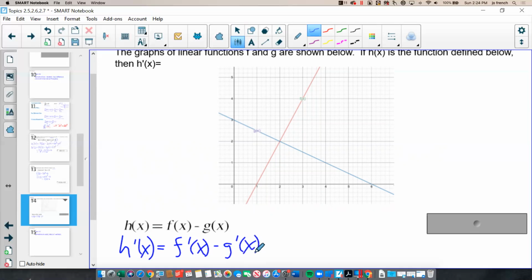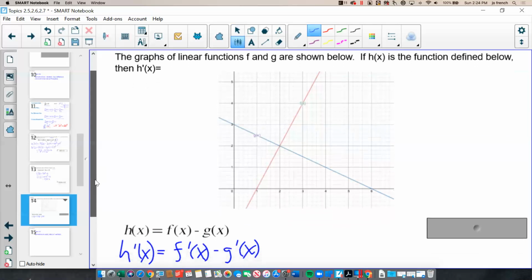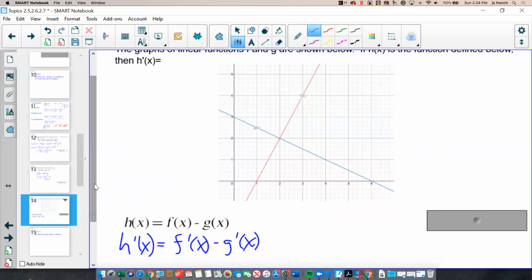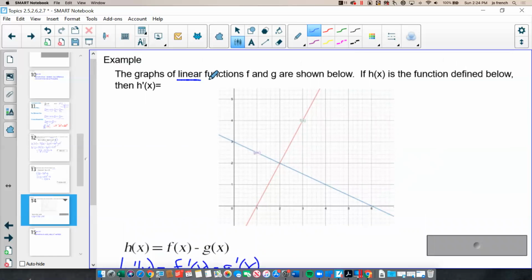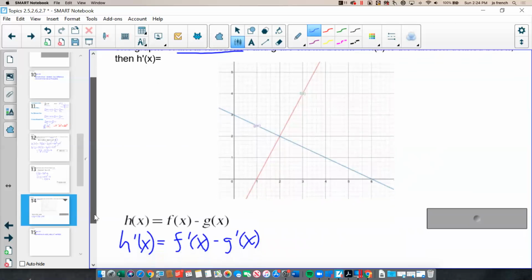Now, they haven't given us the equations, but they have told us that f and g are linear functions. Well, linear functions would mean that their derivatives are the same as the slopes of these lines. So we need to find the slopes of f and the slopes of g.